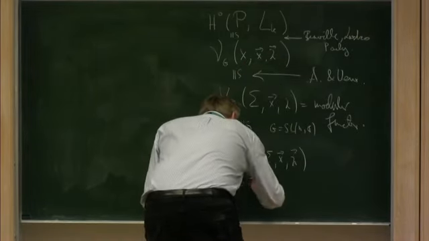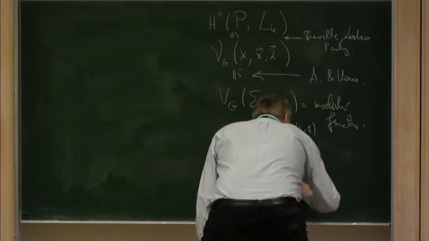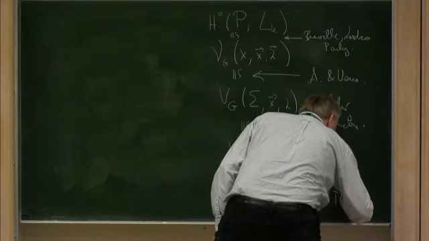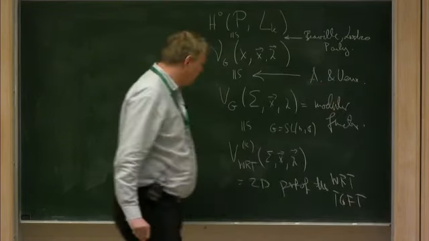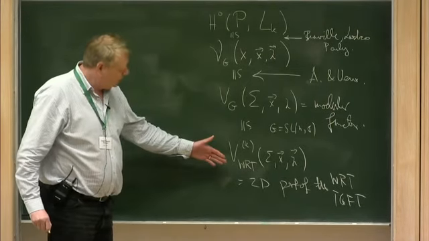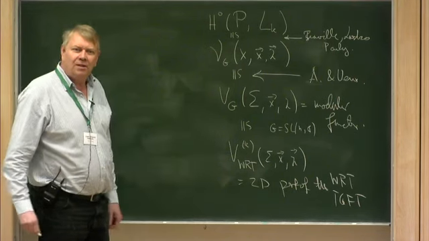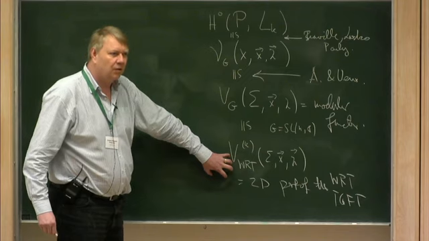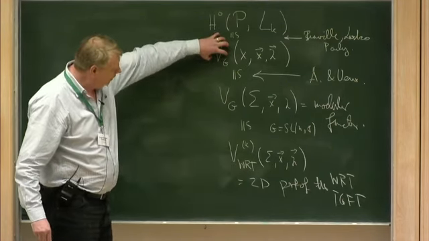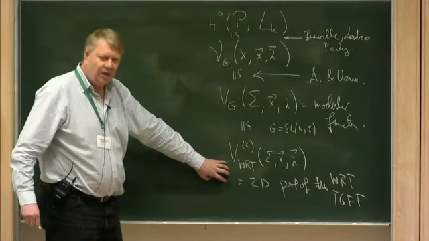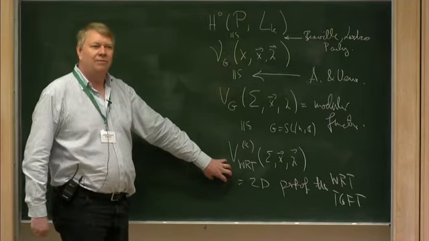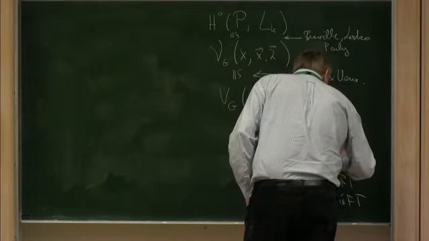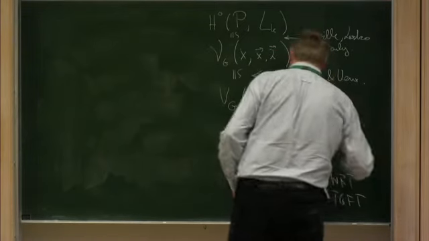This is the 2D part of the WRT TQFT, the Witten-Reshetikhin-Turaev invariant. I mention this because many of the other talks we saw yesterday were indeed about connecting up to the Witten-Reshetikhin-Turaev invariant. And so the Verlinde formula for this actually is the Witten-Reshetikhin-Turaev invariant of the surface cross S1 via this. And this isomorphism is also due to Kenji Ueno and myself.